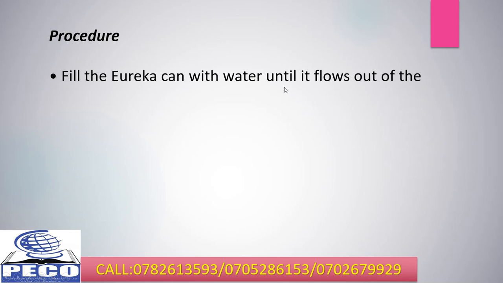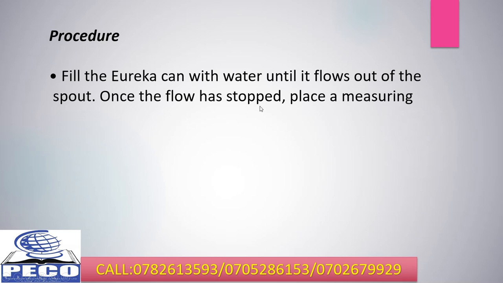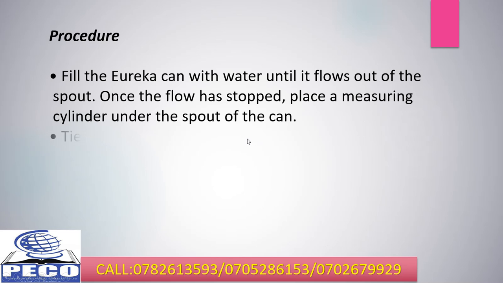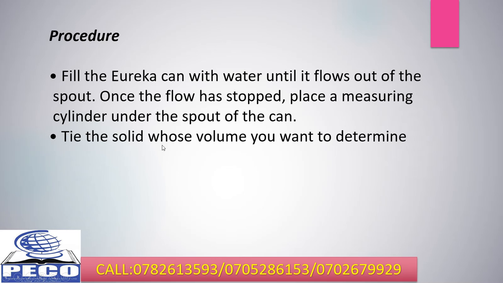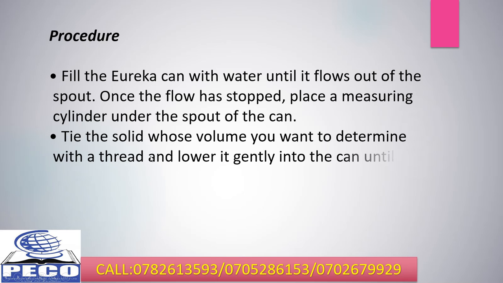Okay, so procedure: fill the Eureka can with water until it flows out of the spout. Once the flow has stopped, place a measuring cylinder under the spout of the can. Tie the solid whose volume you want to determine with a thread and lower it gently into the can until it is completely submerged.